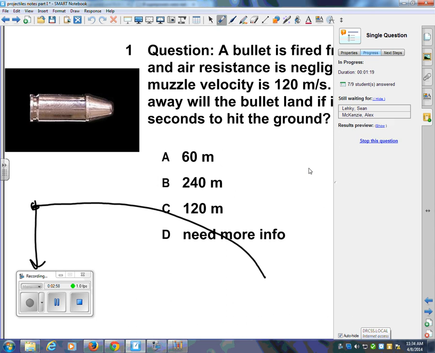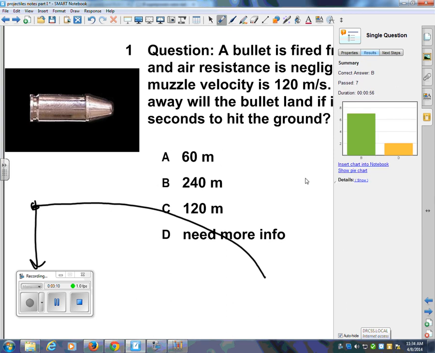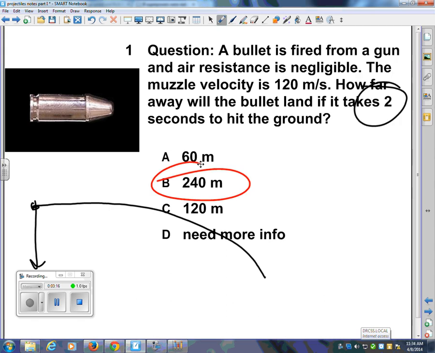Enter your number now. It travels 120 meters in 1 second. Oh yeah, it's 240 meters. 1 second to go 120, so 2 times 120. Thank you, Mike. He goes 1 more 120.